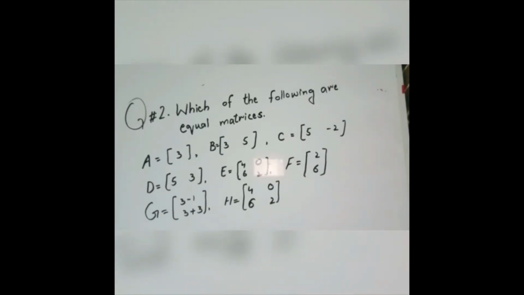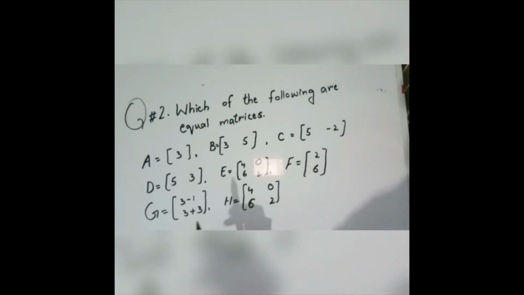The second question of our exercise is that we have to find the equal matrices. From this list we have to find which matrices are equal. As we know the definition of equal matrices: equal matrices are those matrices which have the same entries on the same places.